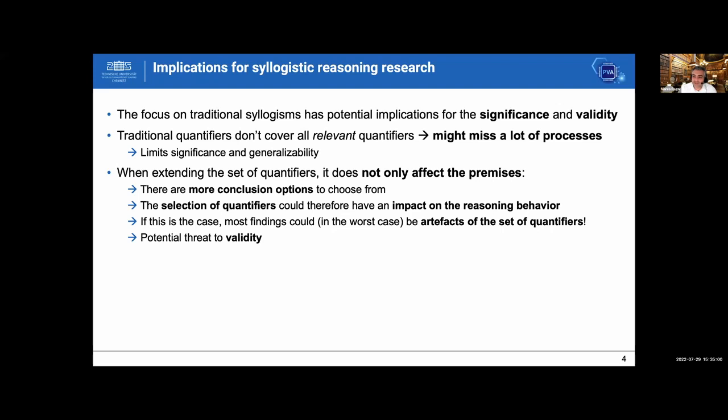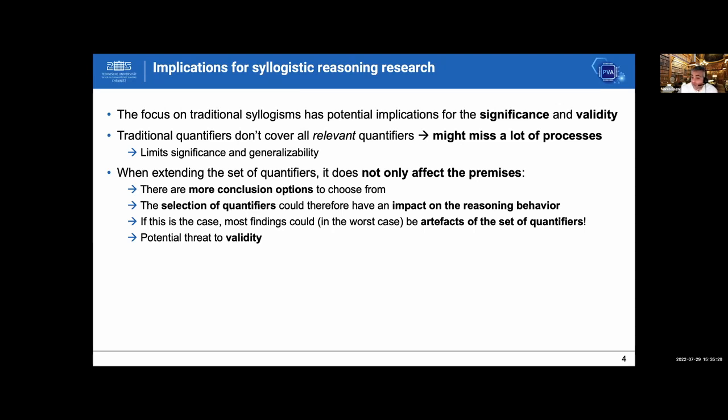What's interesting is, because these problems have this great impact on research, we might miss a lot of processes. In that sense, being a little bit provocative, we can say it limits the significance and generalizability of the existing research. So the basic idea is that we can extend the set of quantifiers so they do not only affect the premises, because there are more conclusion options to choose from.